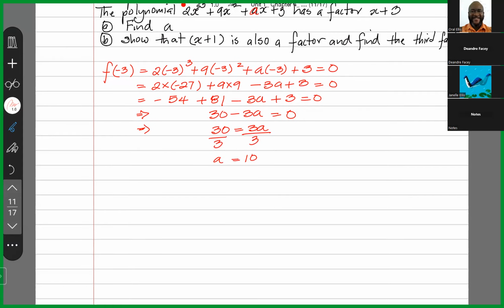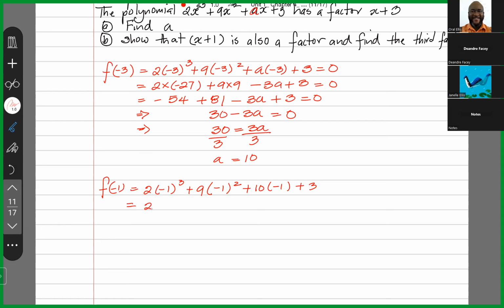Now, if x plus 1 is a factor, f of minus 1 should be equal to 0. So let us find f of minus 1. It would be 2 times minus 1 cubed plus 9 times minus 1 squared plus a times minus 1 plus 3. Sorry, a is 10. 10 times minus 1 plus 3.